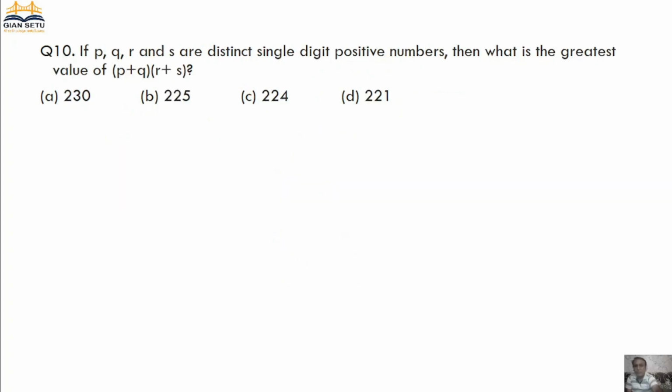Now let's see question number 10. If P, Q, R and S are distinct single digit positive integers, then what is the greatest value of P plus Q into R plus S? Now we are required to find the largest value of P plus Q into R plus S. Right?